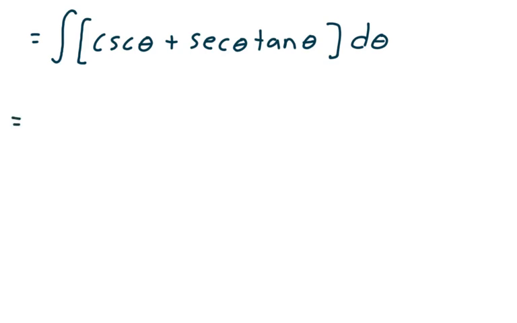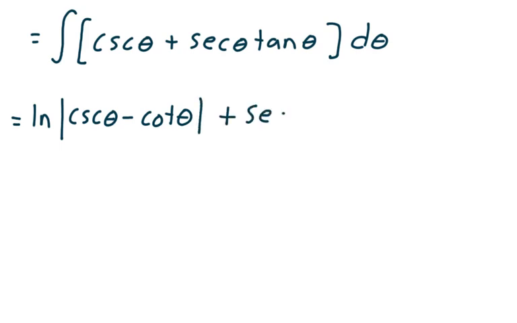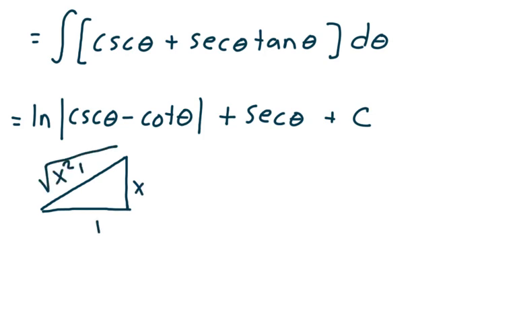And so this is natural log of the absolute value of cosecant theta minus cotangent theta plus secant theta plus c. Now, let's go back to the triangle. Let's remind ourselves. So we have x, 1, the square root of x squared plus 1.